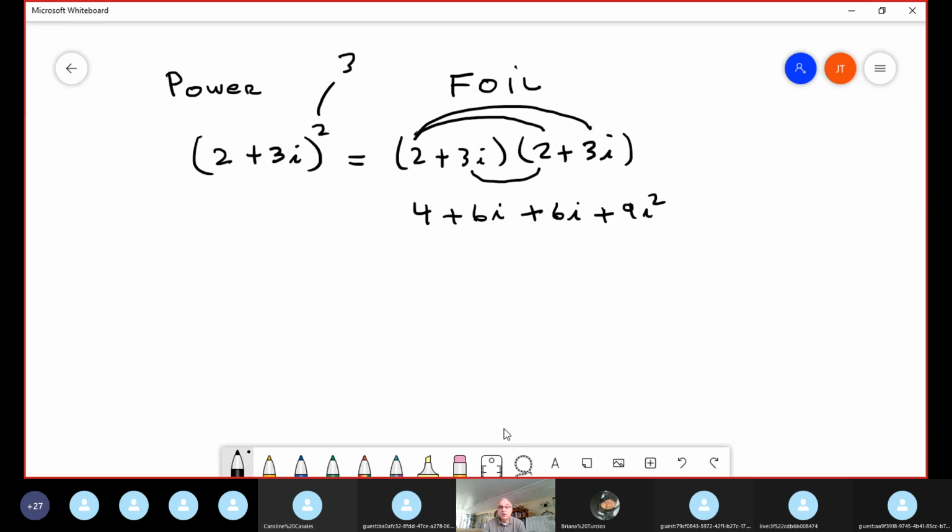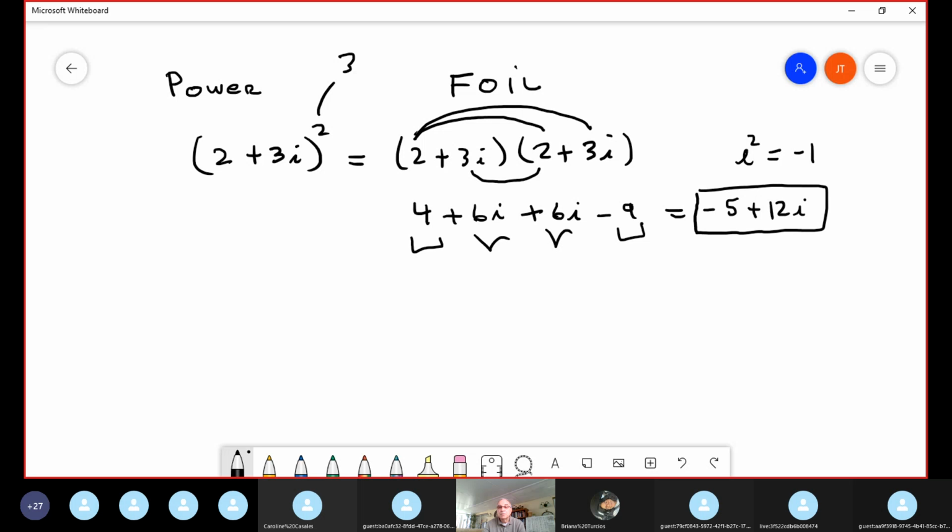And remember, i squared is negative 1. So immediately I know that. Fine. Erase this. Just put negative 1 here. Because, remember, one more time, i squared is negative 1. Okay, ready to combine. This and this together, the real part is minus 4, minus 5. Imaginary is 12. Final answer. Any question?